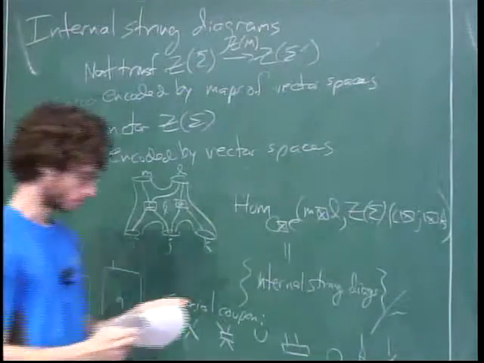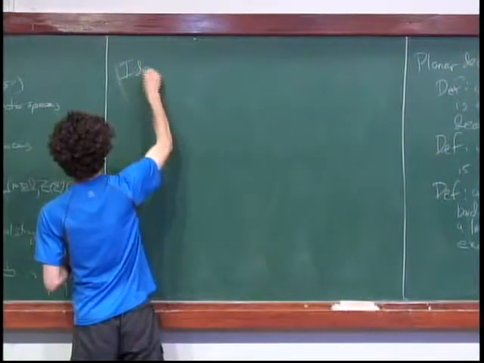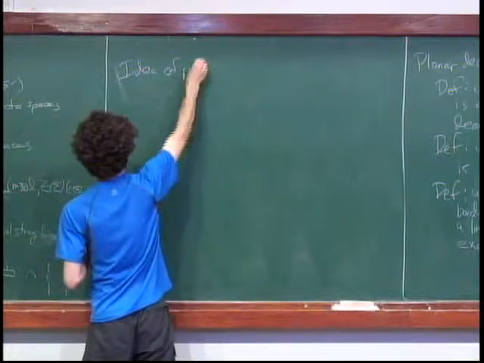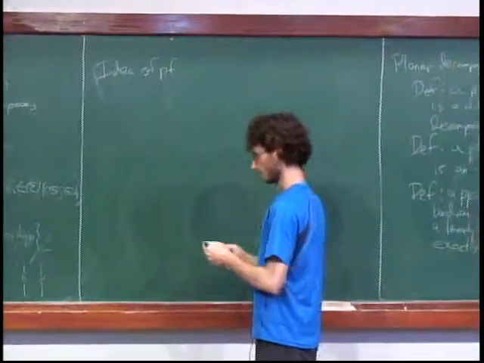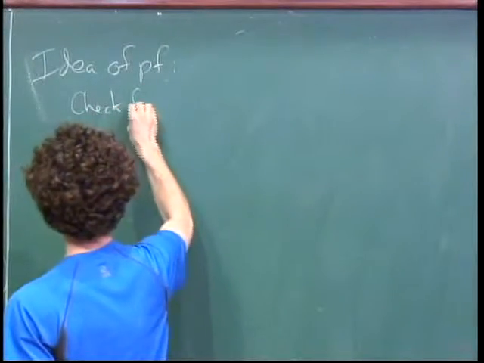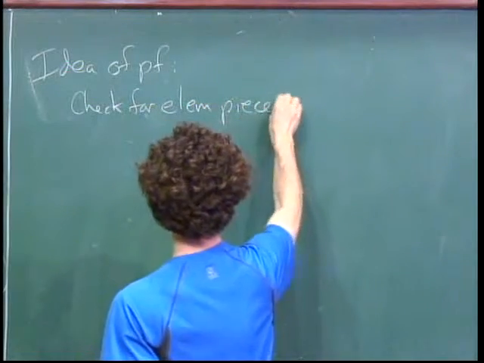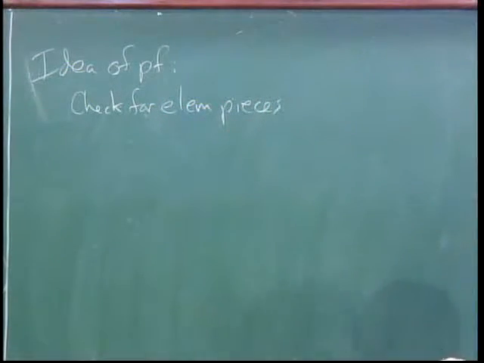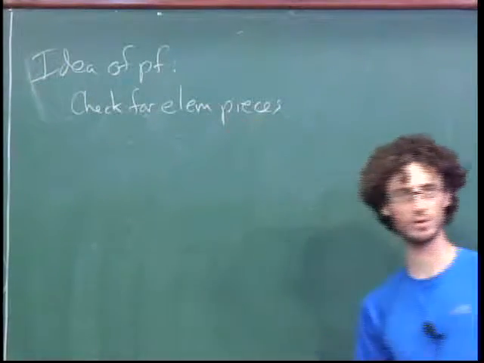Okay, so Raimundo wanted some idea of the proof. So briefly, it's the proof of this equality there. The first thing you do is you check for the elementary pieces. I just erased the 4 elementary pieces, but you go through and check for each one of those.